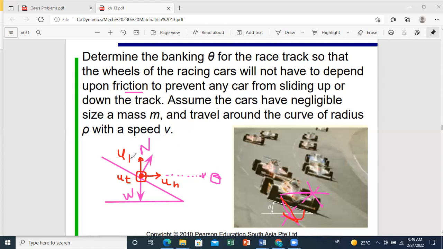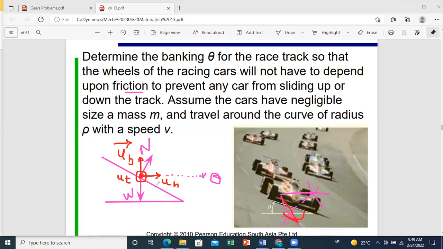Once I put the frame, this is the most important step. If you put the UN, UT, UB in a good way, then it's a simple projection and you get a system of equations to solve. So please pay attention to this step. It's one of the most important. If you confuse UN, UT, UB, all your equations will be altered.